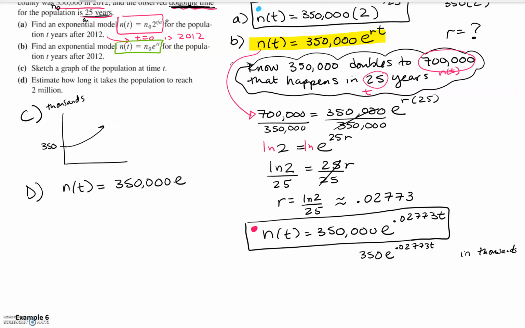So I have e to the 0.02773t, and we want to know when the population will reach 2 million. It's going to be 350,000 e to the 0.02773t. And we can go ahead and divide both sides by 350,000 and solve that.